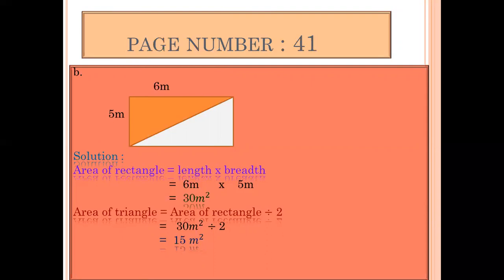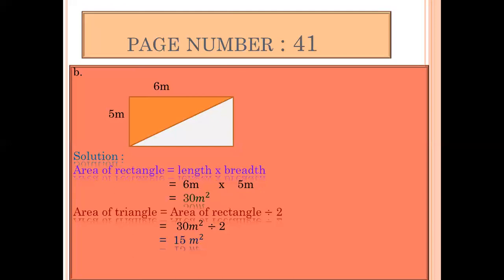Area of the rectangle is length multiplied by breadth, and in this diagram length is 6 meter and breadth is 5 meter. Length multiplied by breadth, 6 meter multiplied by 5 meter, 30 meters square.